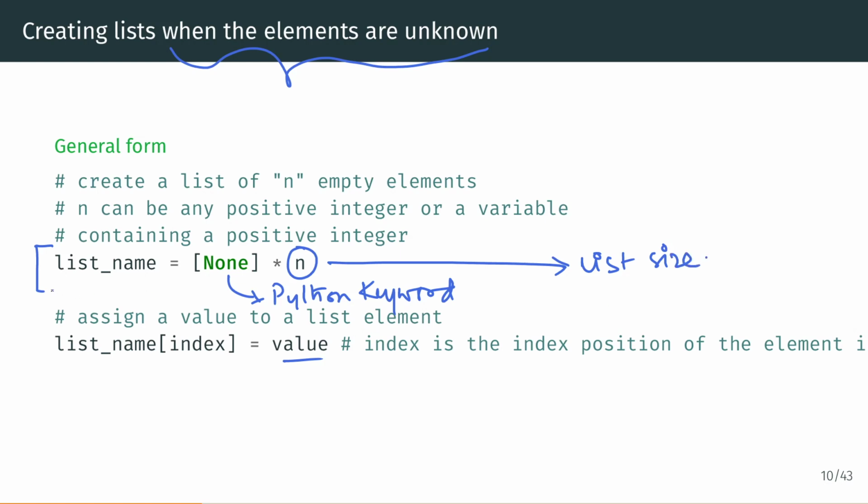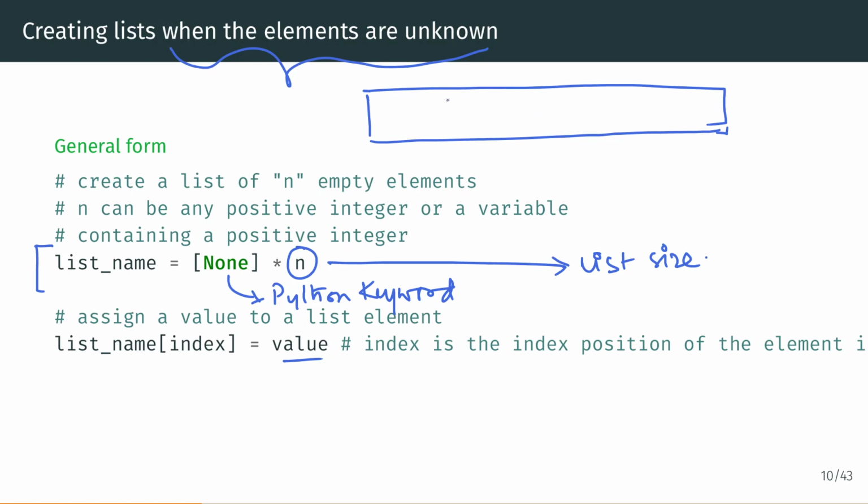So this step creates a new empty list of size n, whatever n is. n can be a constant, a variable, or an expression. Let's say n is equal to 5.